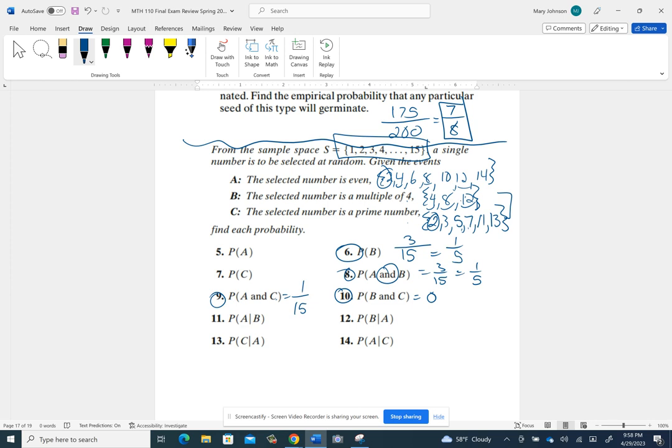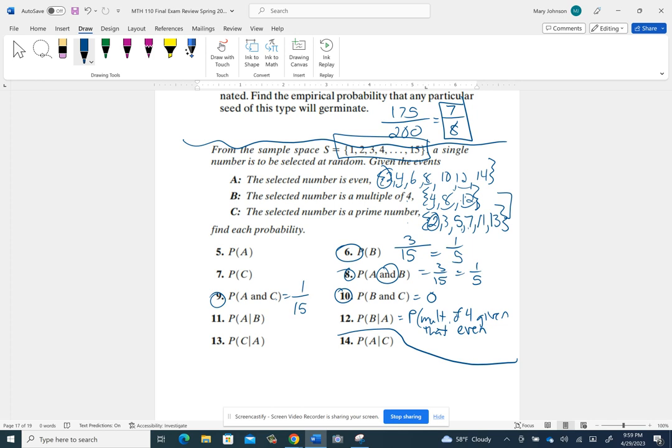Okay, now here's the trickier ones we did. So this means probability of being a multiple of 4, given that the number is even. Okay, so I'm looking at number 12 right now. Multiple of 4, I'll do 14 down below. Multiple of 4, given that you're even.